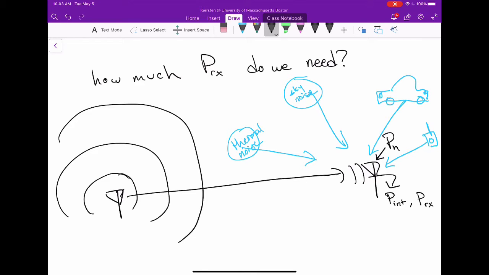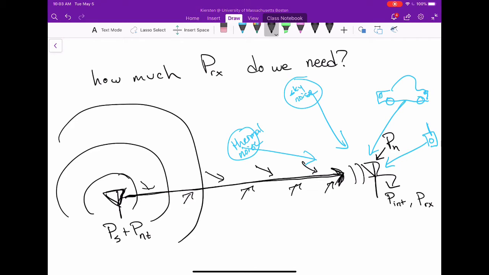Now, this is an important thing to note because I have encountered a lot of interesting misconceptions about noise. A lot of people think that noise is something that somehow gets picked up and attached to the transmitted signal as it goes along and arrives at the receiver. No, not at all. There can be noise in the transmitter, right? So it could transmit the signal it wants plus some noise from the transmitter. That's fine. But once it's in the air, it's not getting more noise on this signal.